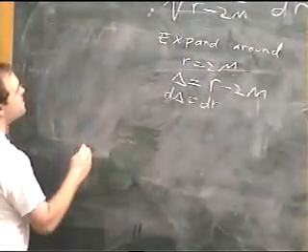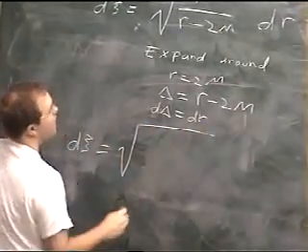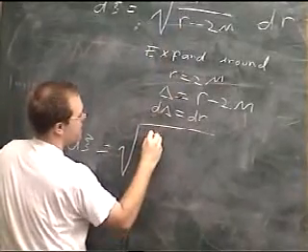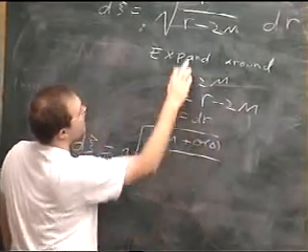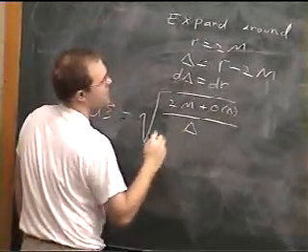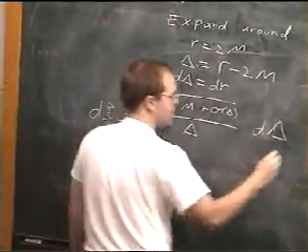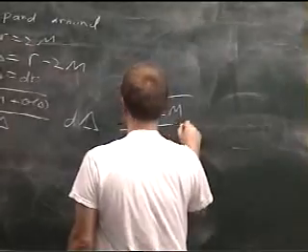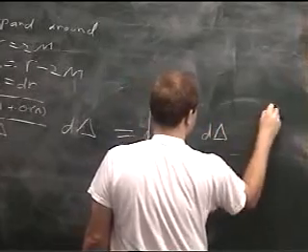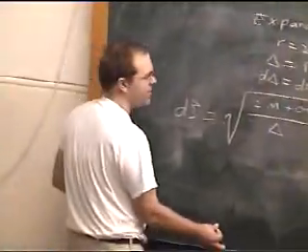And I can now expand this in powers of delta. I can write dc is equal to, on the top, well, r is 2m plus order of delta. On the bottom, we have r minus 2m, which is just delta. And then, of course, we have d delta. So the result is that I have the square root of 2m over delta, d delta, plus corrections of order delta. Okay? And now we have an integral that we can all do very easily.